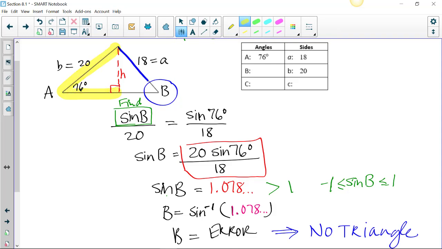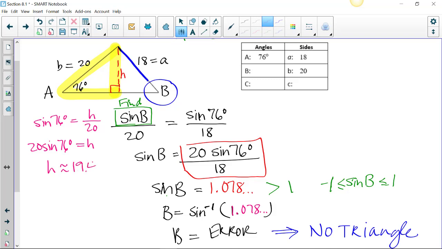Okay, and I can calculate the length of that altitude by using SOHCAHTOA. So the sine of 76 degrees is the side opposite over the hypotenuse. And if I solve that for h, that'd be 20 times the sine of 76 degrees. So h is approximately 19.4.